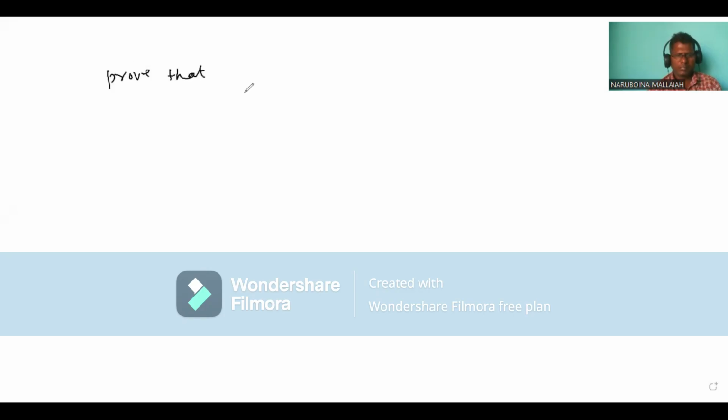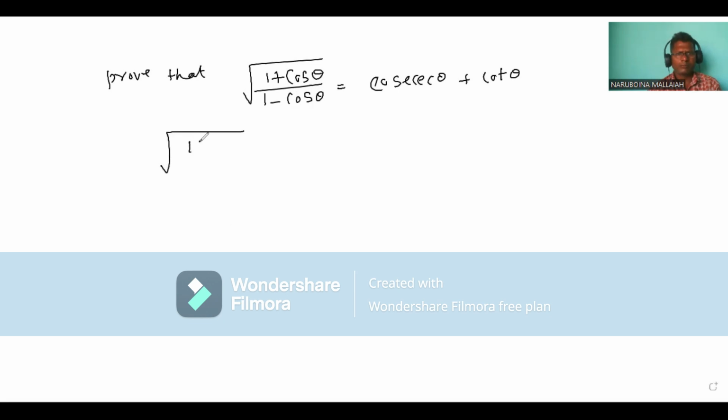Prove that square root of (1 plus cos theta) divided by (1 minus cos theta) is equal to cosecant theta plus cot theta. See, LHS is given: square root of (1 plus cos theta) by (1 minus cos theta).